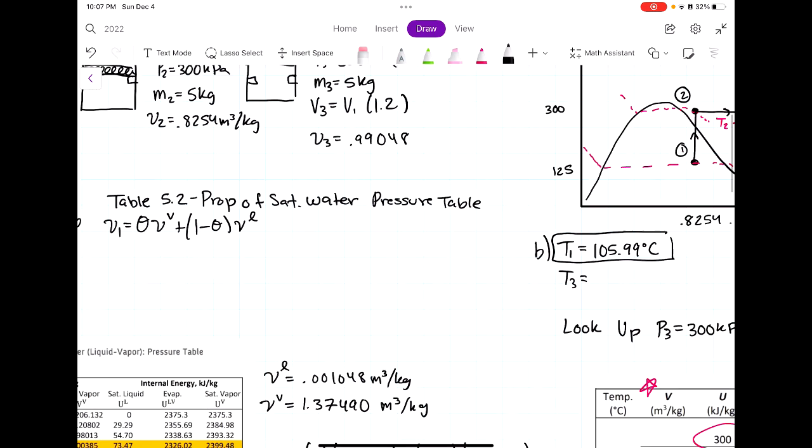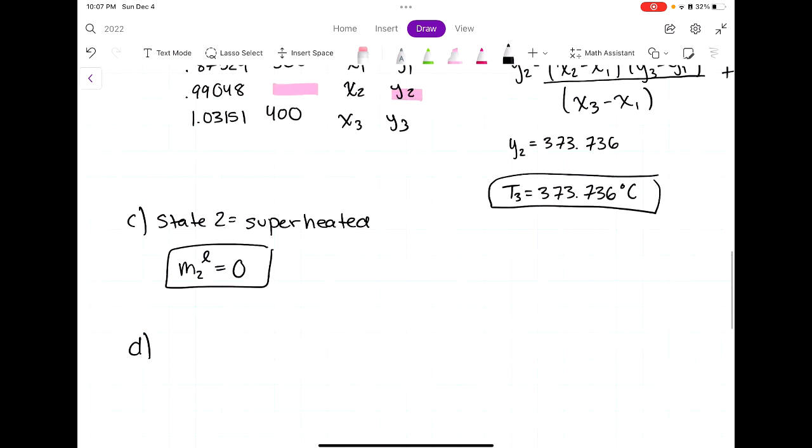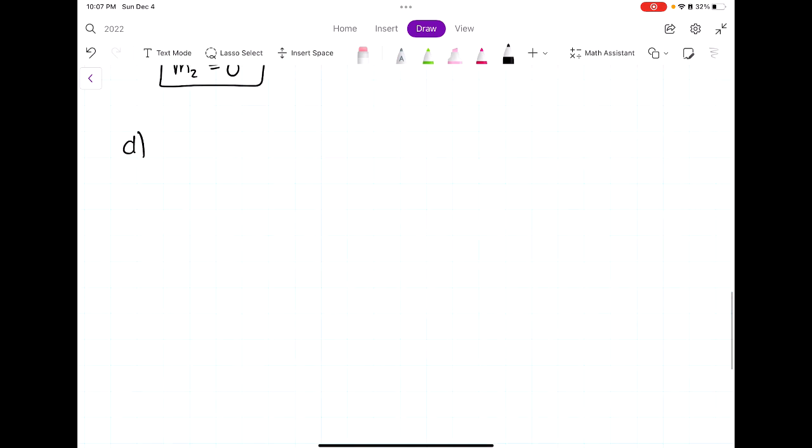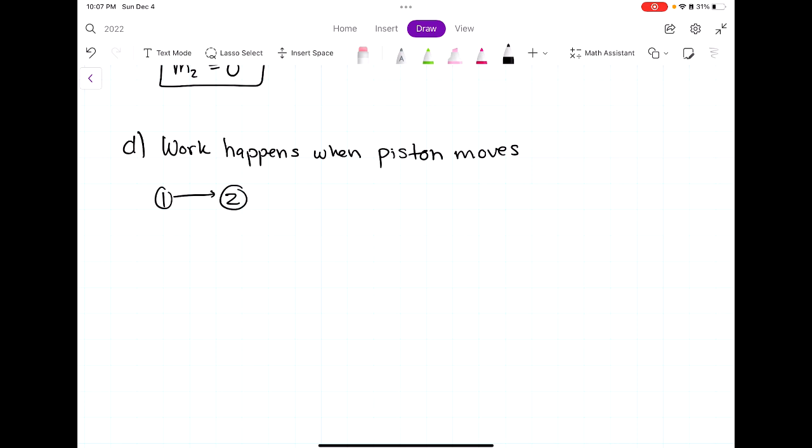So, reminder, work happens when the piston moves. From state 1 to state 2, the piston does not move, right?